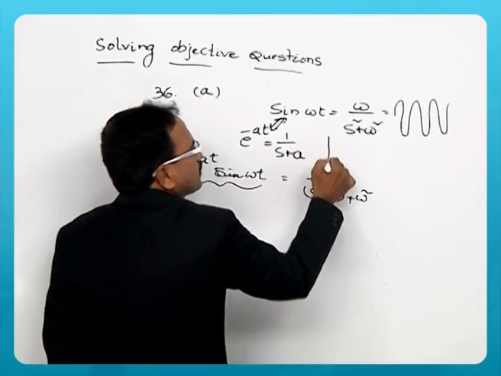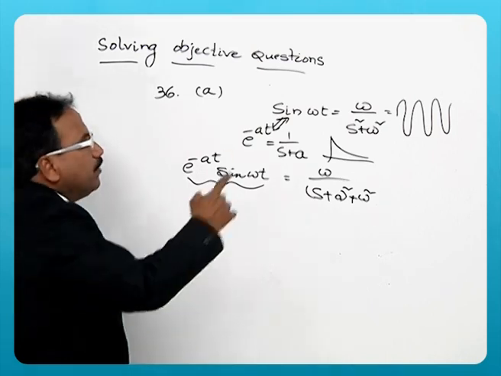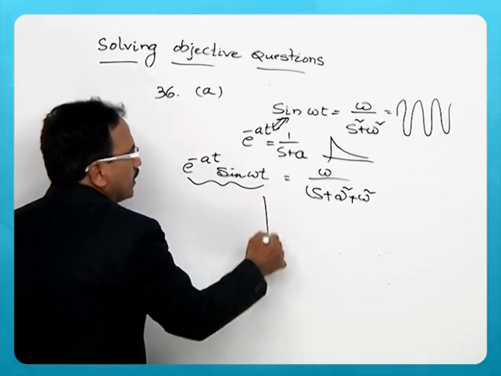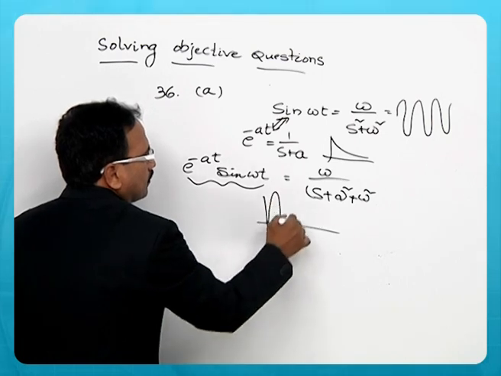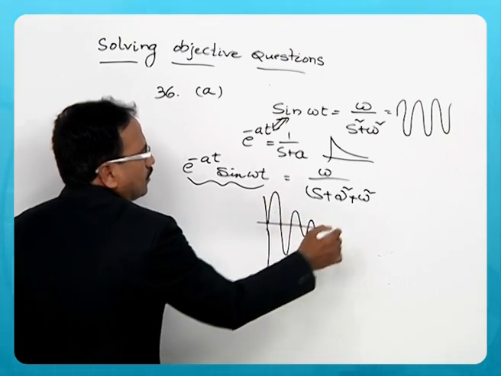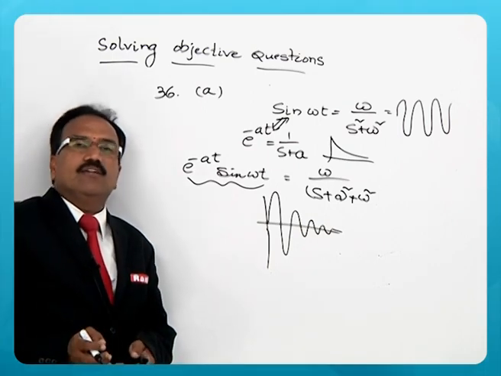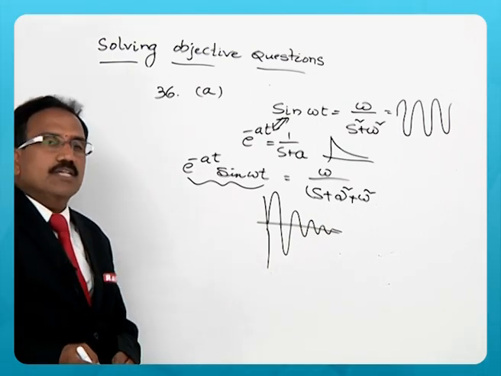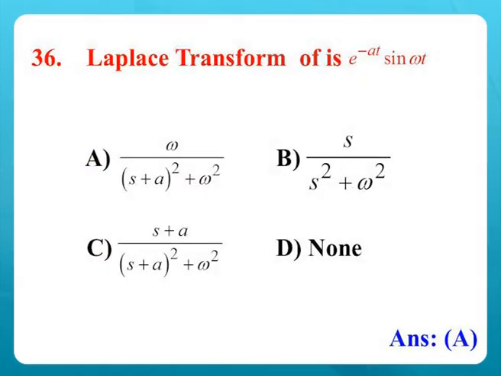Exponential decay means it decays like this. When you combine both of these, e power minus at sin omega t, then you have a waveform like this. Combining exponential decay with sinusoidal sustained oscillations gives damped oscillations. So, option A is the right answer in this problem.